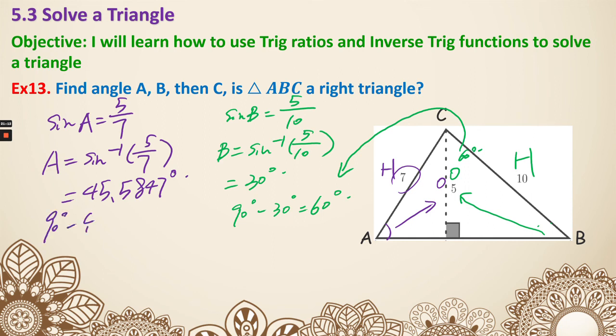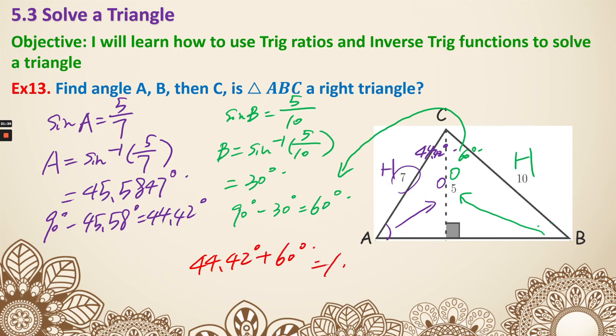Then I can easily find out the other one. 90 minus 45.58 degrees is going to be 44.42 degrees. So this is 44.42 degrees. And we can just check if that's actually 90 degrees. I'm going to change the color. 44.42 degrees plus 60 degrees is going to be 104.42 degrees.